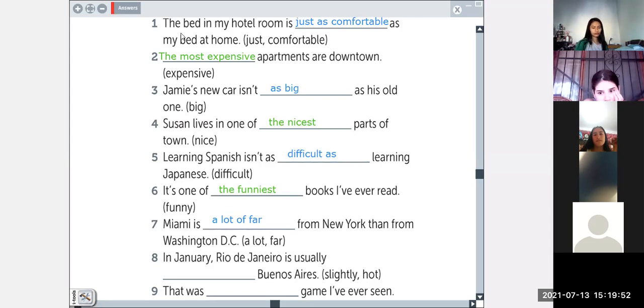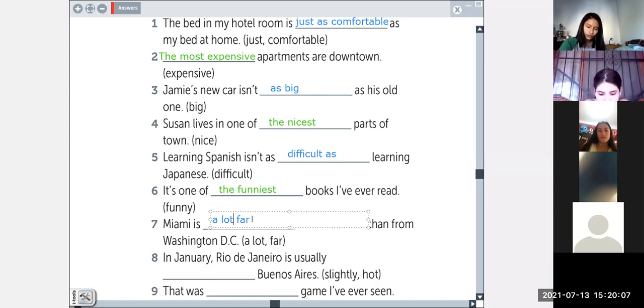¿Cuál es la forma comparativa de far, Fernando? ¿Cómo transformamos far en un comparativo? Farthest. Comparativo. Es farther. Can you spell the word?